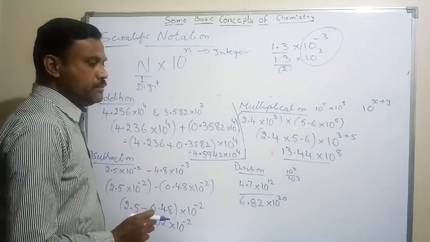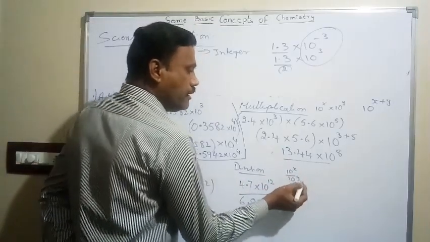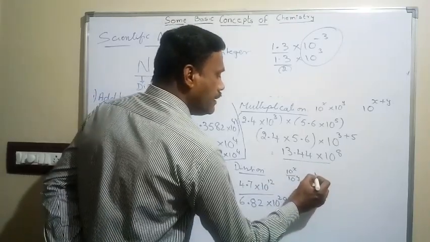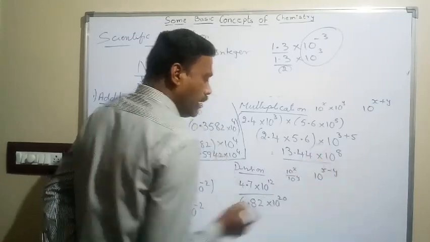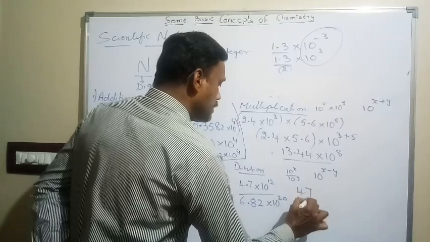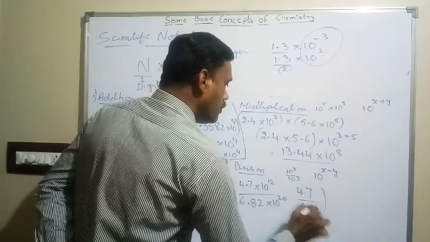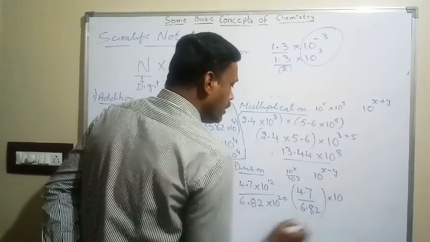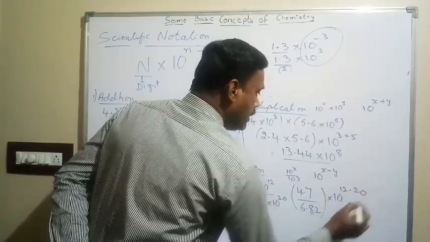Next, in case of division, 10 to the power of x by 10 to the power of y. Shift y to the numerator, then it becomes 10 to the power of x minus y. This is in case of division. That is 4.7 by 6.82 into 10 to the power of 12 minus 20.